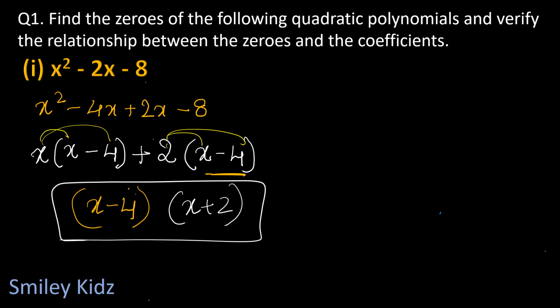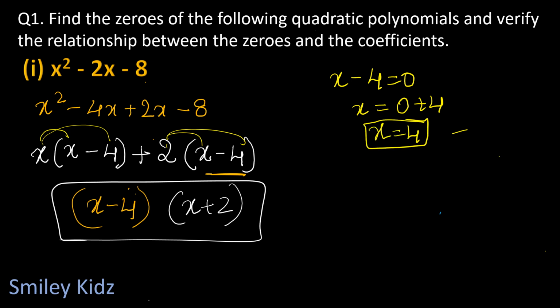Now how do we find out the zeros? x minus 4 is equal to 0. So x will be what? 0 plus 4, and x will be equal to 4. Now one of the zeros of this particular quadratic polynomial is 4, isn't it? Then we have x plus 2 is equal to 0. That means whatever we got, x minus 4 and x plus 2, we are going to equate it to 0, isn't it?